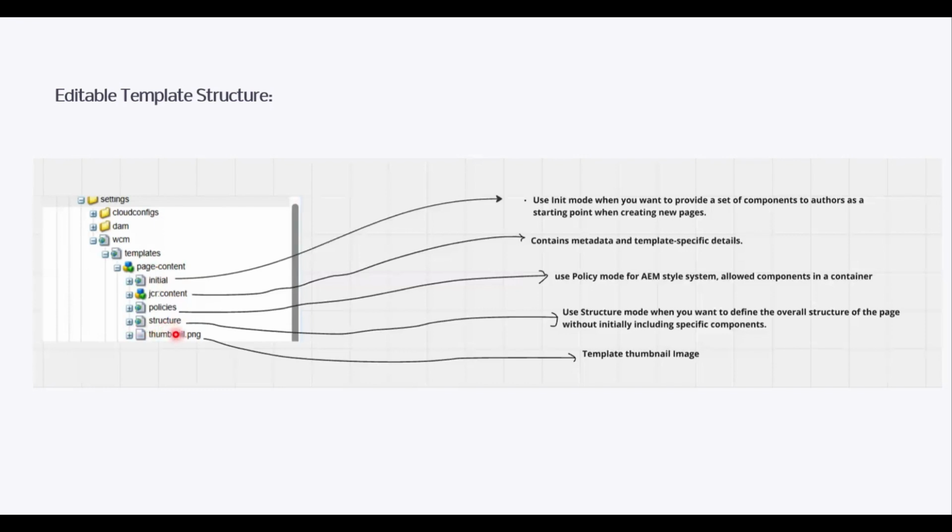Here we define the layout and we also add components. Within the structure section, whatever content or components we add in the template cannot be edited or modified throughout the whole pages. So this is the difference between initial and structure.